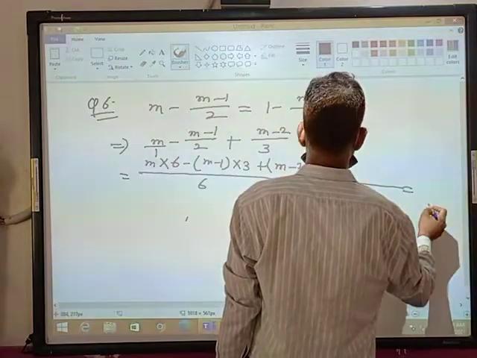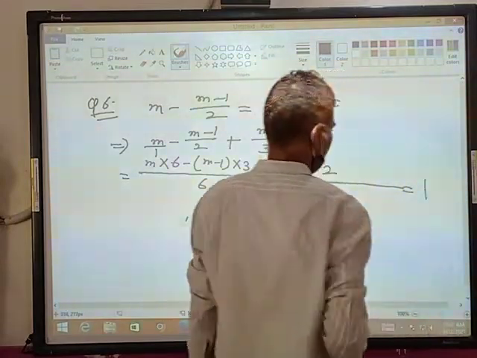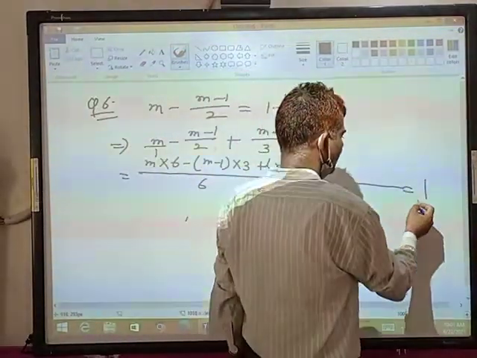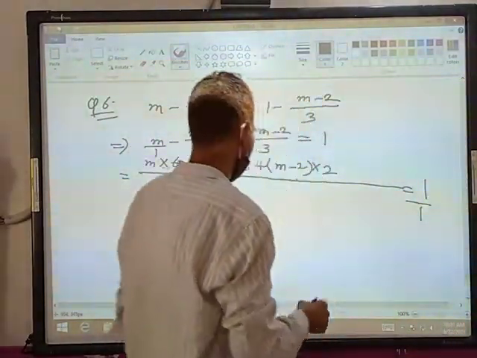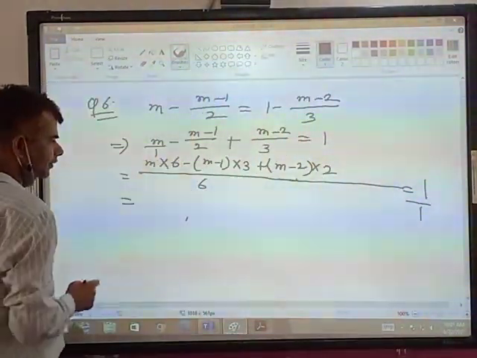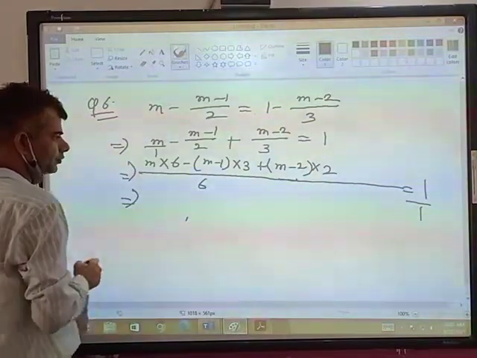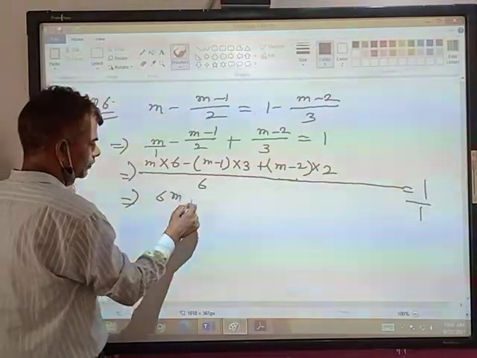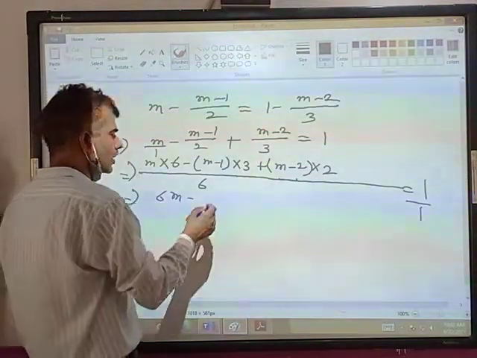Now student, it becomes equal to 1, that is 1 by 1. Now student, solve it. m into 6, 6m minus. Student, multiply it.